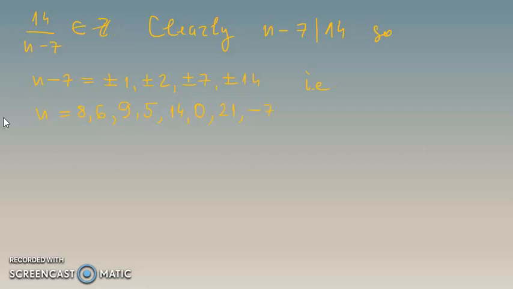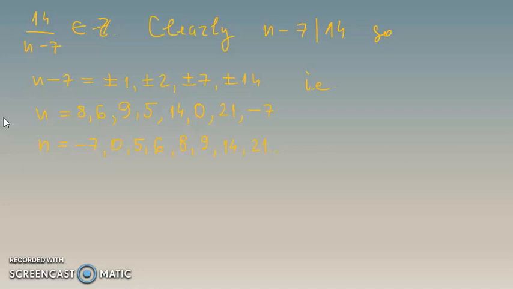Let's order them in increasing order. Minus 7, 0, 5, 6, 8, 9, 14, and 21. So only for these values of n, n plus 7 over n minus 7 will be an integer.